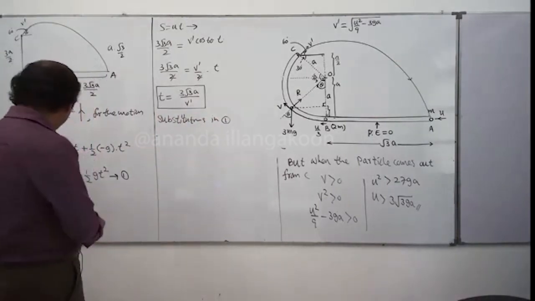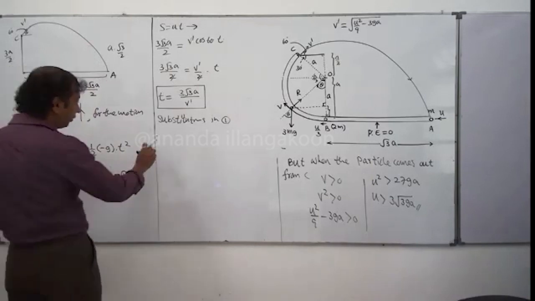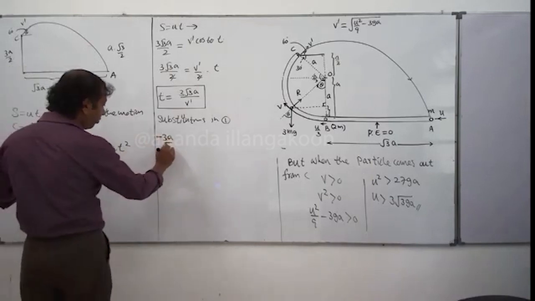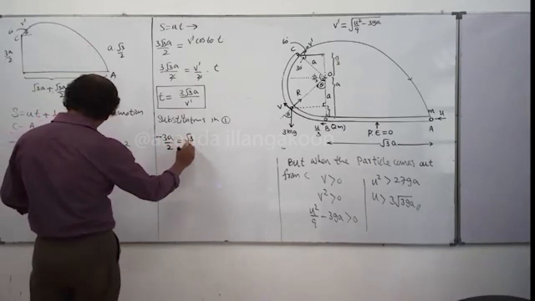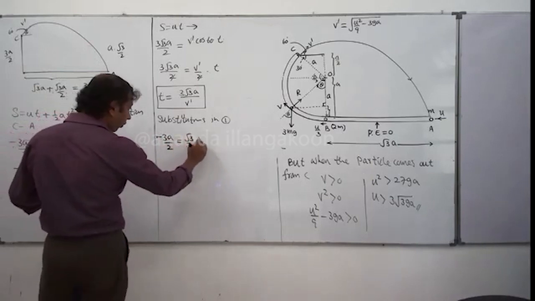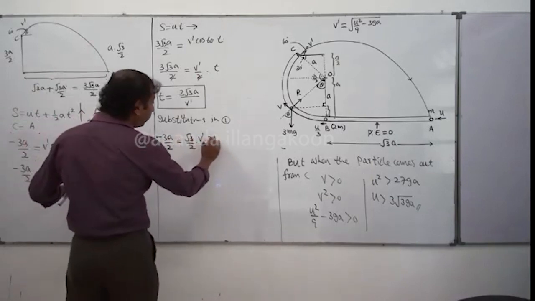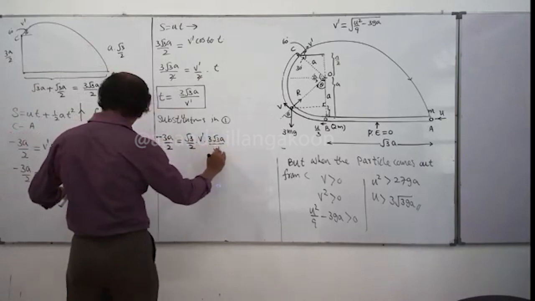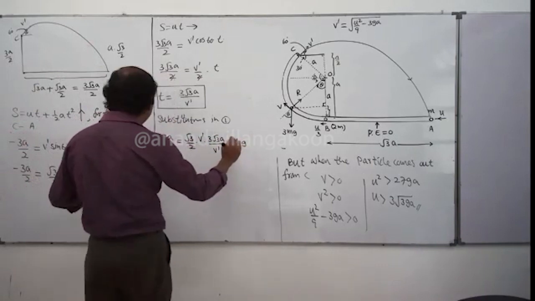So then here you can put minus 3A by 2 equals root 3 by 2 v dash t, with t as 3 root 3A divided by v dash, minus half g t squared.